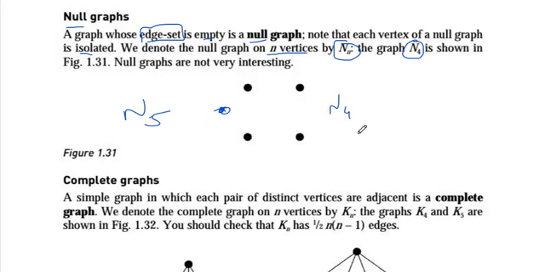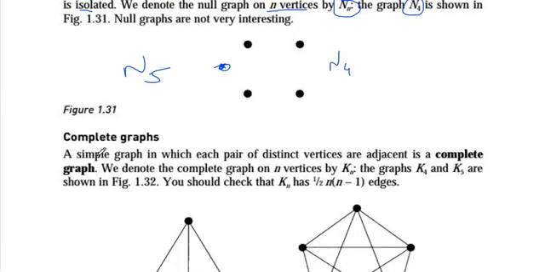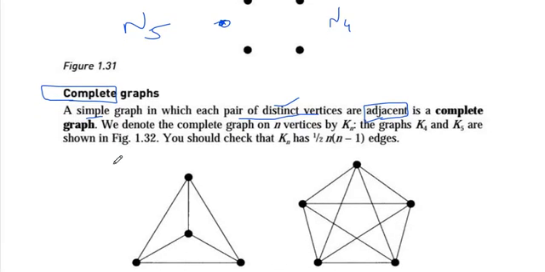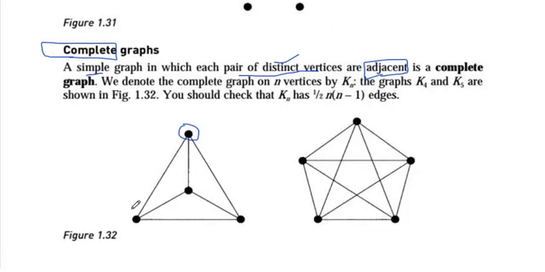It's easy. Then complete, as the word itself says, is pure complete. A complete graph is a simple graph in which each pair of distinct vertices is adjacent. Adjacent means near. So every vertex is connected with all the other vertices.